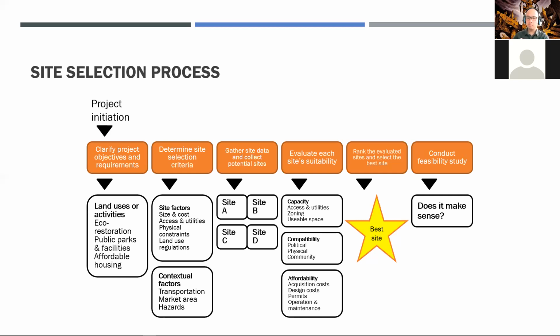In practice, public sector projects involving site selection usually include the acquisition or development of facilities, such as, I don't know, libraries, schools, and parks. Businesses, whether they're owned by individuals or partnerships or corporations, usually engage in site selection to relocate or to expand into new markets.